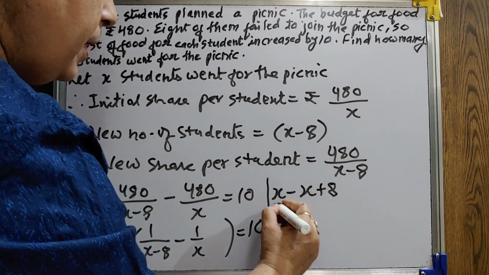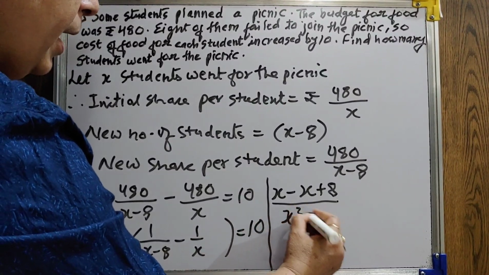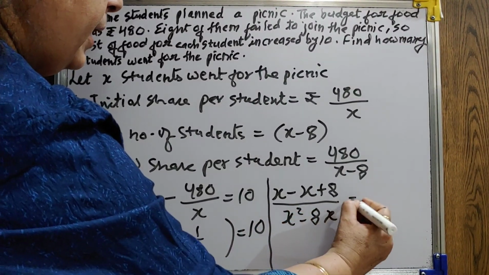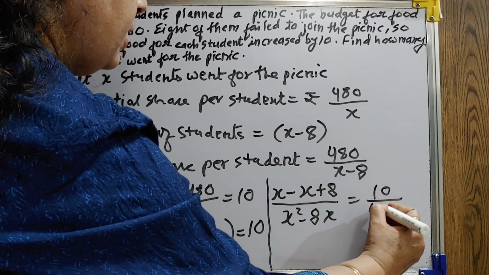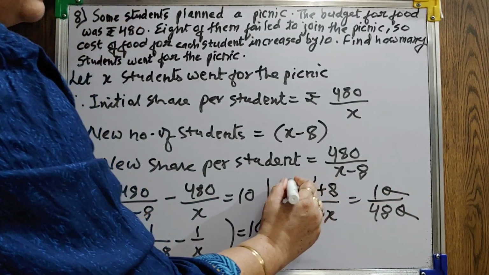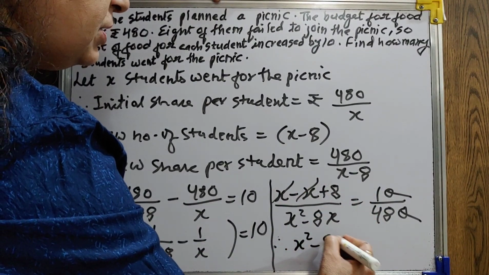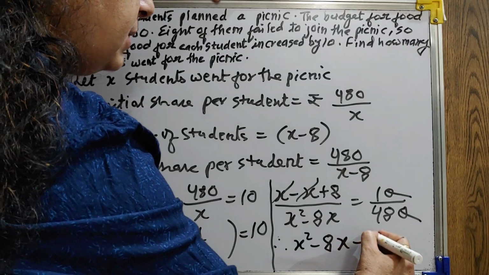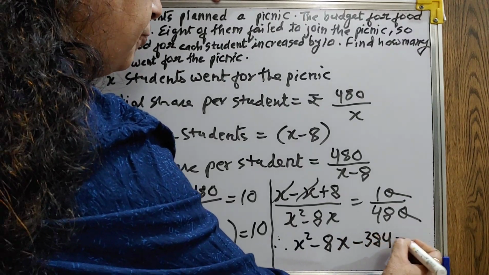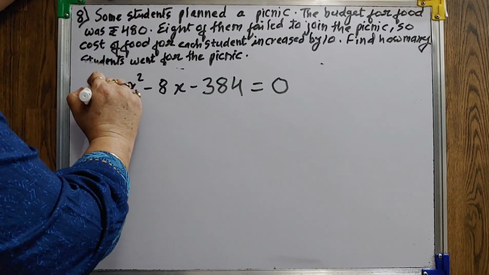When you multiply, x square minus 8x, and 480 we are transferring to that side. Here x will get cancelled. When you cross multiply and simplify, you will get the equation x square minus 8x minus 384 equals 0.